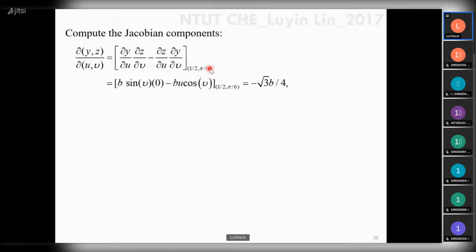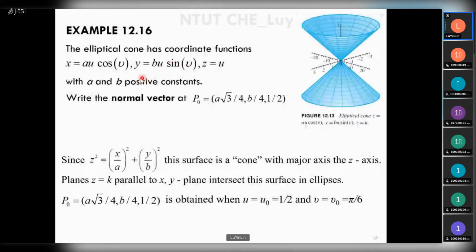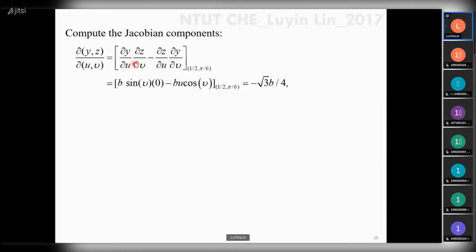Please don't put these in first. Calculate this one first. Y is BU sine V, so partial Y, partial U is B sine V.